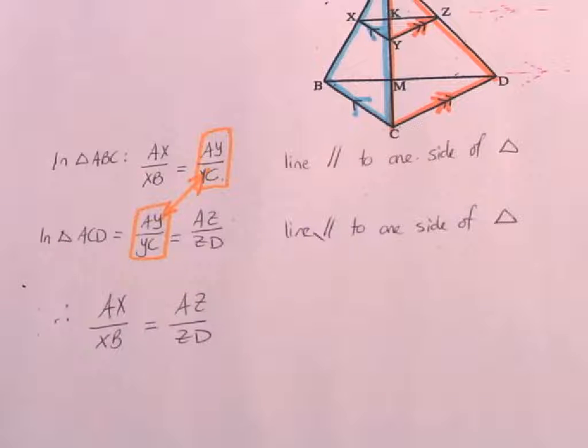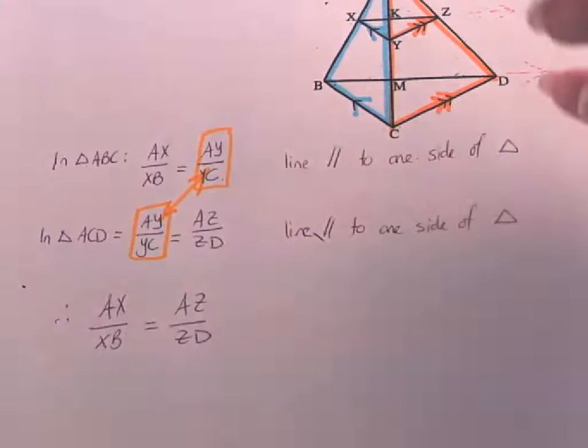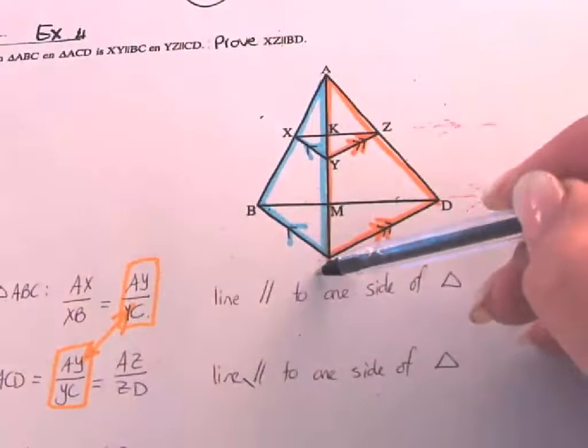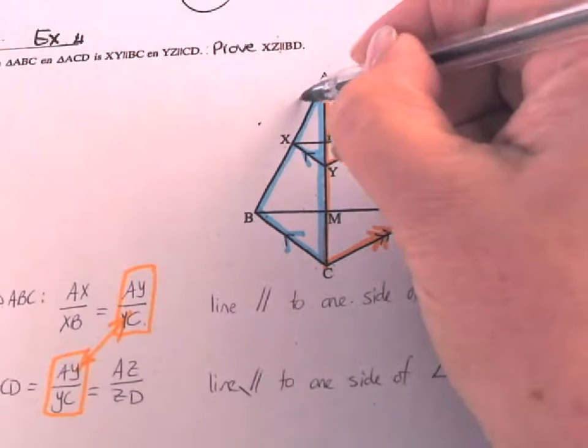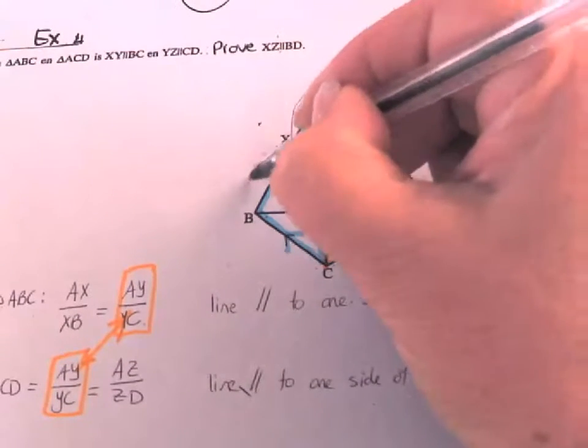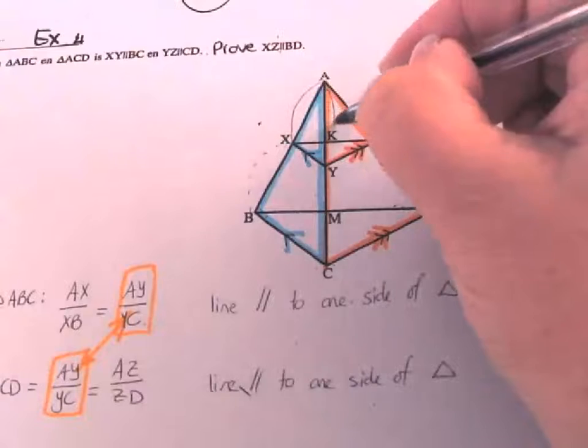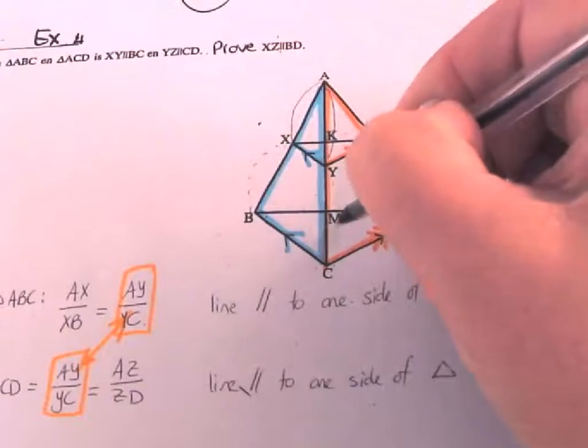Yes, they have a common line here, but you have to prove that this triangle has the same proportions as the other one. Okay, and I proved it. This one over that one equals this one over that one.